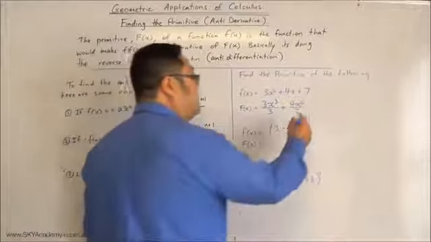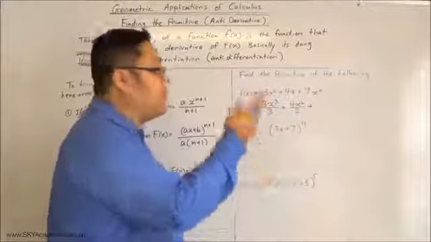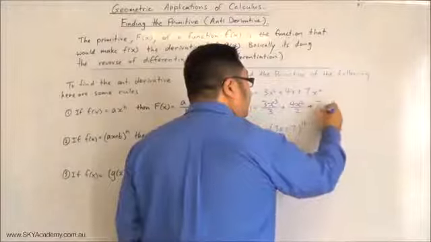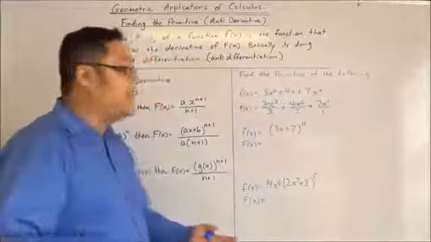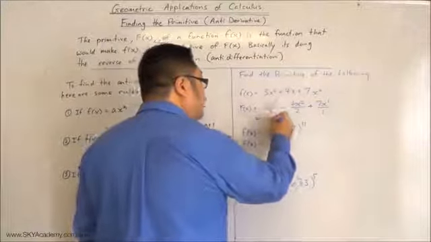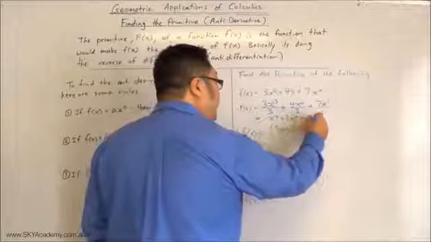And with the 7, that's like 7x to the power of 0. So you raise that power by 1 and divide by the new power. What you'll end up with is the primitive: x cubed plus 2x squared plus 7x.